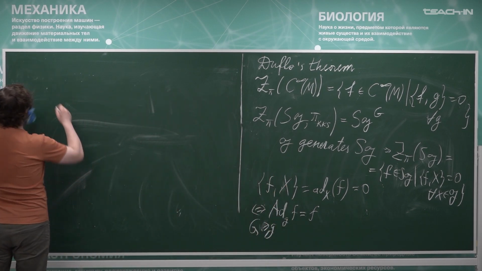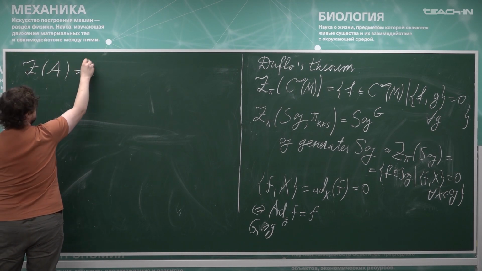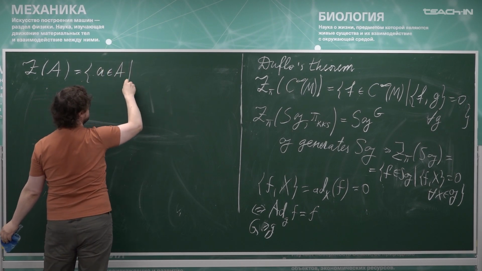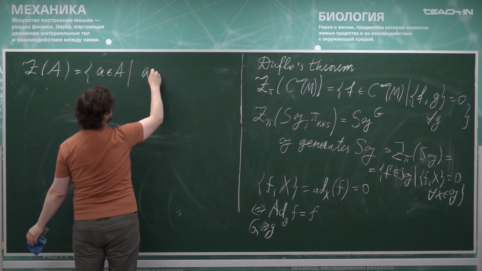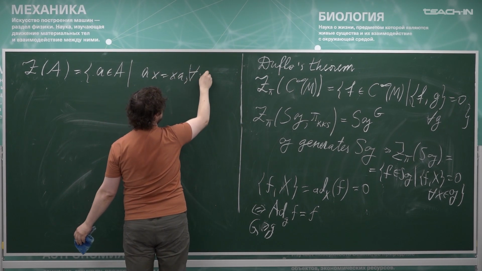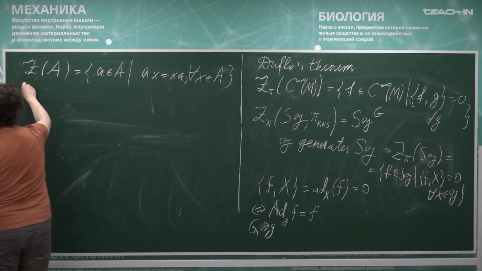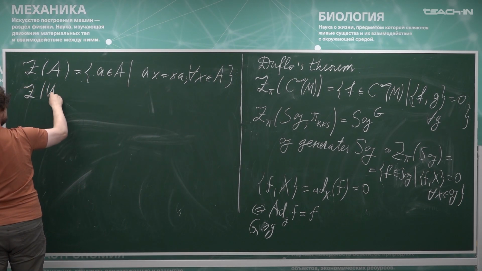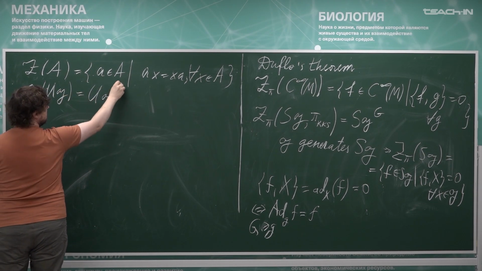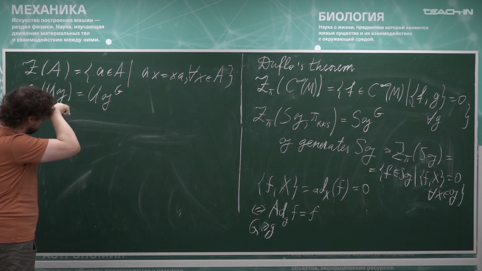The center, in the usual sense, of an algebra, let me recall, is the space of all elements A in A such that AX is equal to XA for all X in A. That's the center. Similarly, the center of the universal enveloping algebra in this sense will coincide with the space of G invariant elements in the universal enveloping algebra.